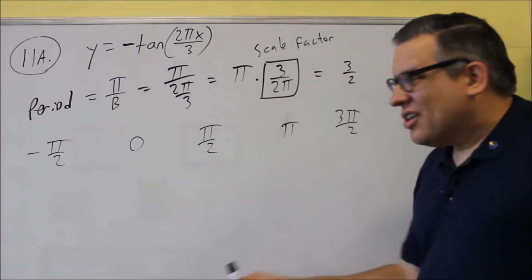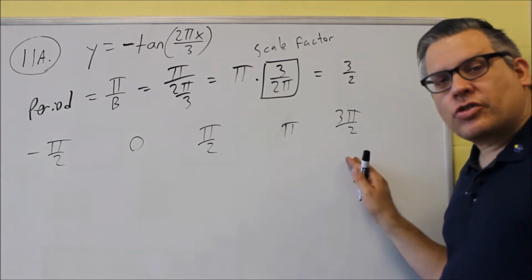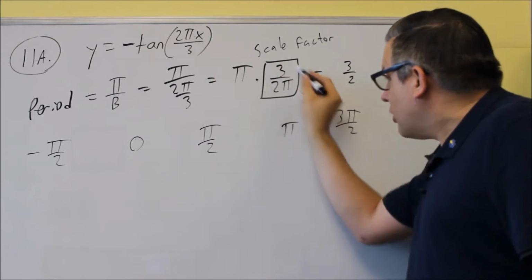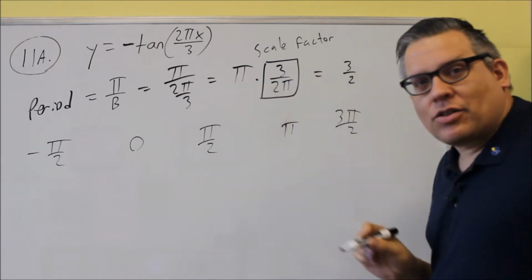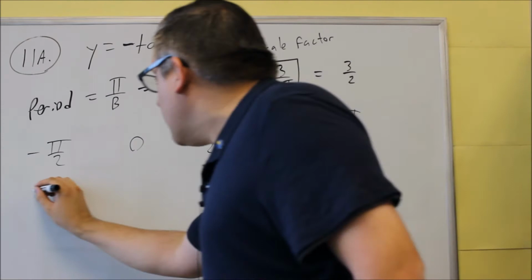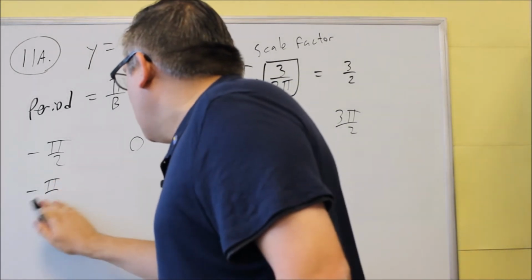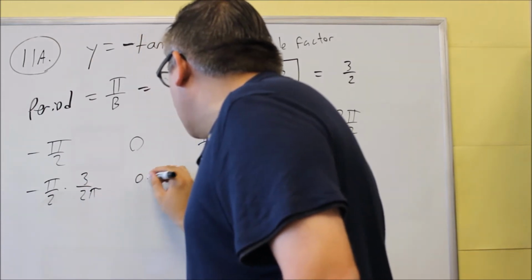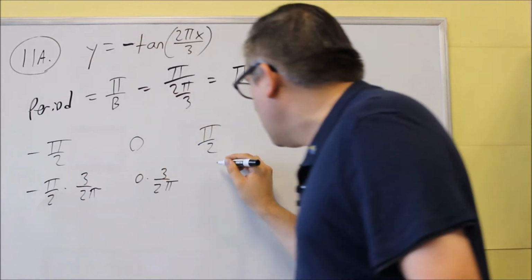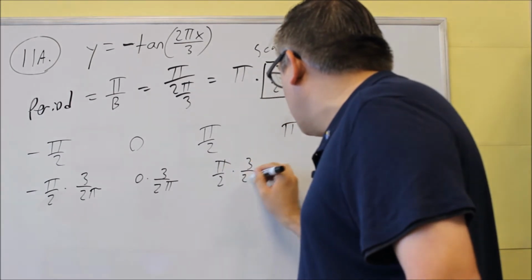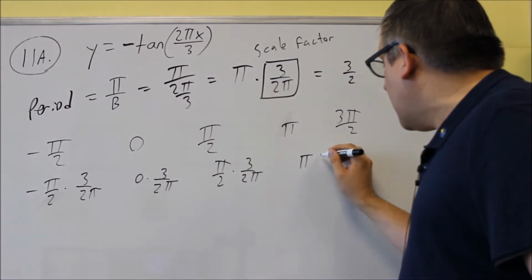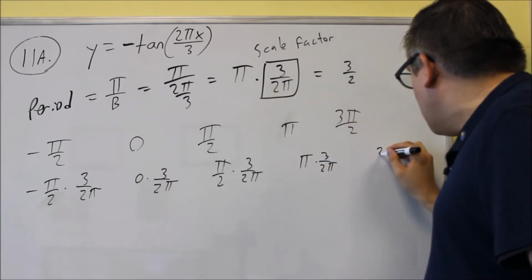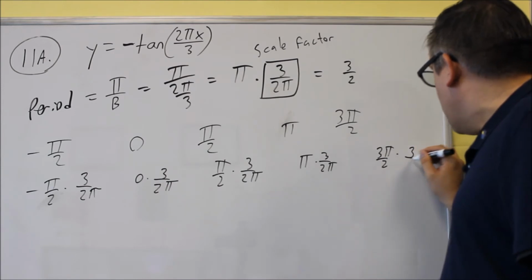Now what we're going to do is we're going to take all the key points for the original tangent graph and multiply them by the scale factor. And the scale factor again is the number I'm multiplying by pi, 3 over 2 pi. So for all these, I'm going to take negative pi over 2 and multiply it by 3 over 2 pi. I'm going to take 0 times 3 over 2 pi, pi over 2 times 3 over 2 pi, the pi times 3 over 2 pi, and the last one is going to be 3 pi over 2 times 3 over 2 pi.